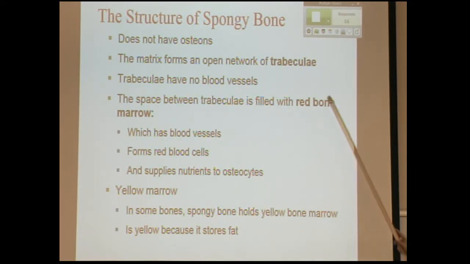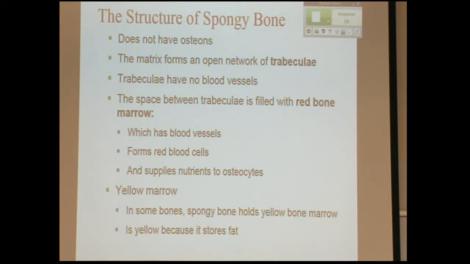Instead, you have those little thin columns of trabecula. And there's no blood vessels inside the bone. The blood vessels are in those hollow spaces between the little thin columns of bones. And that's filled with red bone marrow, which is blood vessels, and it makes your new red and white blood cells.